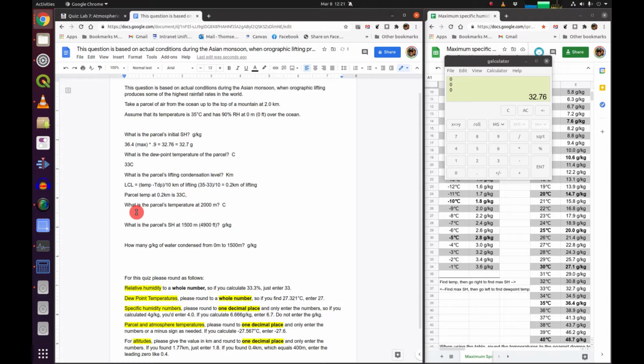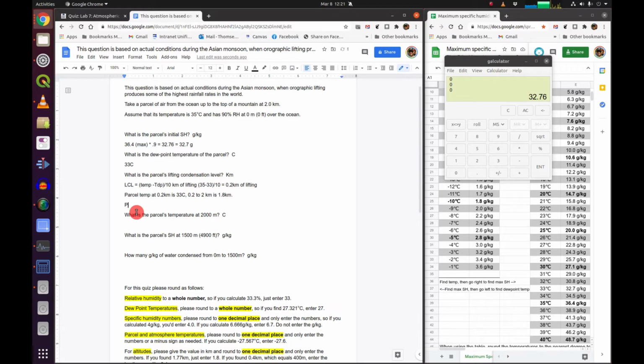And from 0.2 to 2 kilometers is 1.8 kilometers. We know that the parcel will cool at the MAR of 6 Celsius cooling per kilometer.